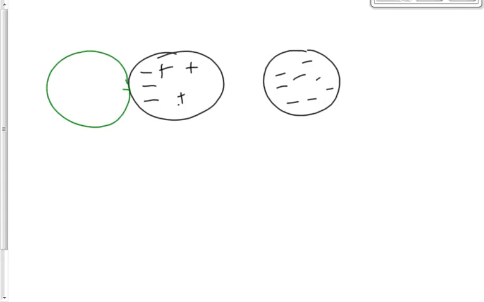Well, the electrons that were pushed to the left side of object number 1 keep going into the third object, the thing that is basically acting as the Earth. So these negatives keep going into here. Now I've got a positively charged object there, object number 1. And the other one becomes negatively charged, right?